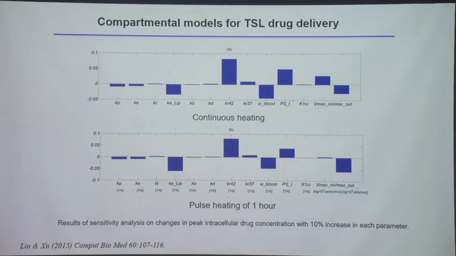Likewise, you can notice PS, which is the product of vascular permeability and surface area within the tumor, and this also has a quite pronounced effect. So based on this kind of analysis, you're trying to identify the parameters that are likely to have the greatest influence on the outcome you're interested in, and then you can study those parameters in a bit more detail.